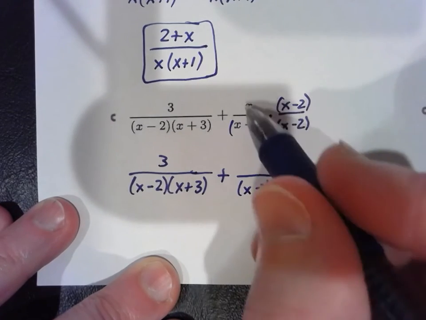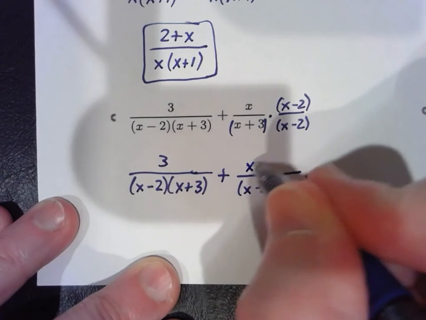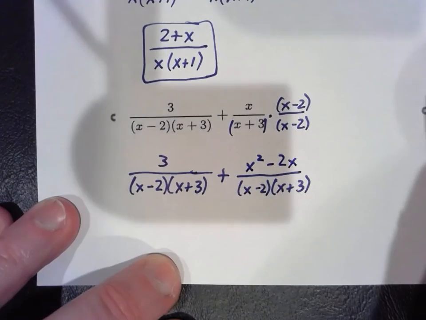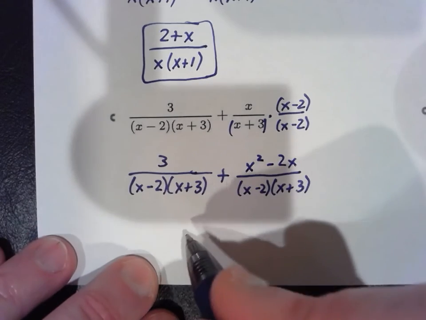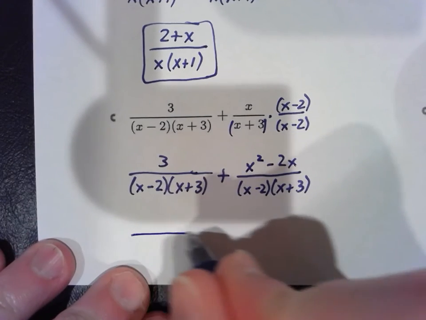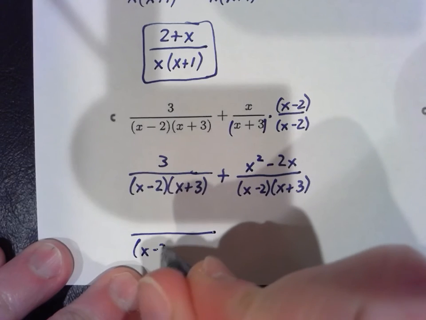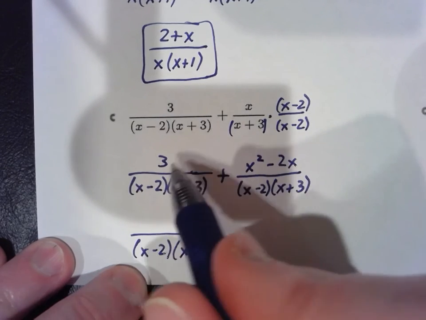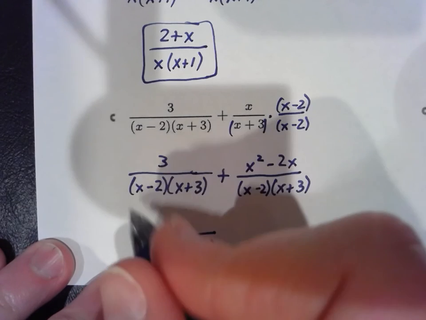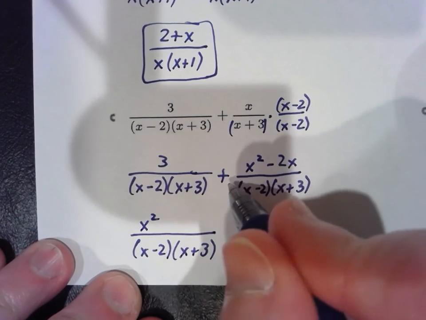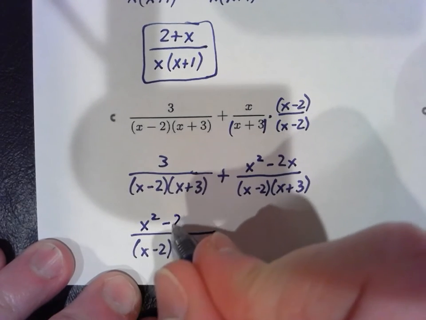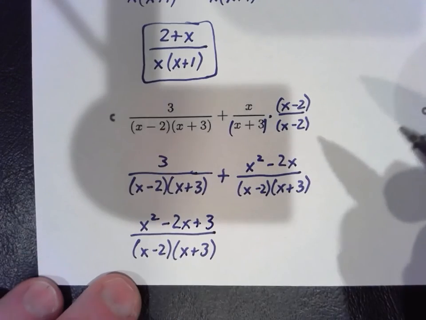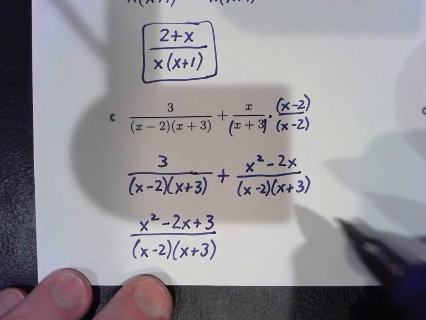On top, I need to distribute x times x, x times minus 2. So the denominator here, x minus 2 times x plus 3, the numerator has an x squared, a minus 2x, and a plus 3. Can the top factor?